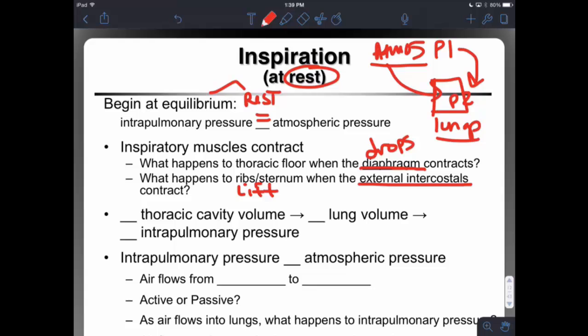So when the diaphragm drops, the thoracic floor drops, and the ribs and sternum lift when the external intercostals contract. So basically what's happening is the thoracic cavity is getting bigger.